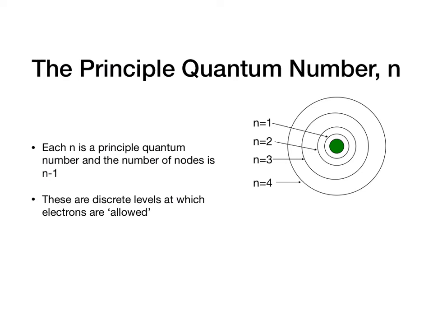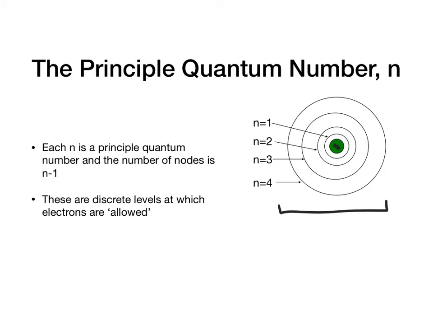The first quantum number is the principal quantum number. You could think about this like the state. In the United States, there are 50 states. This principal quantum number is the most broad region. As we look at this image, if the green thing is our nucleus, we can see that the shells move out one at a time.